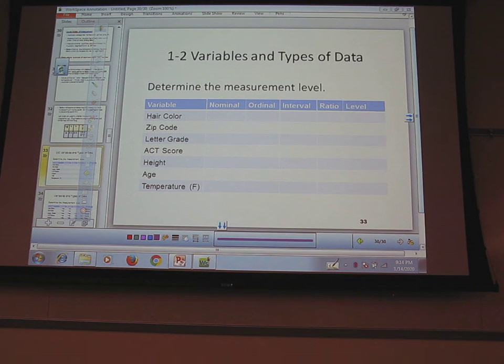Yes. Or, not yet, no. Letter grade? What she said. That would be ordered. Yeah. Because that's just like the ranked. ACT scores. I think that was the interval. Yeah. See, that one is like a test. 2 points on test, sure. It doesn't matter where it is. It's 2 points. Yeah, like just 2 points.